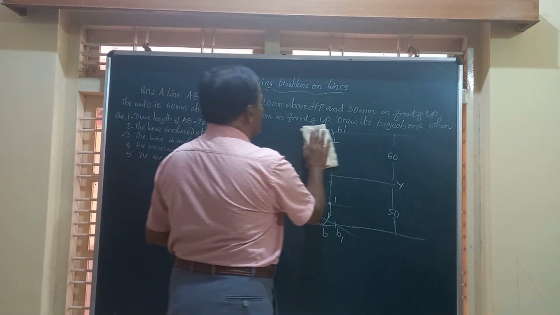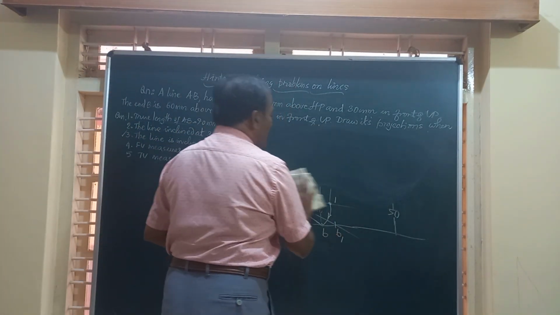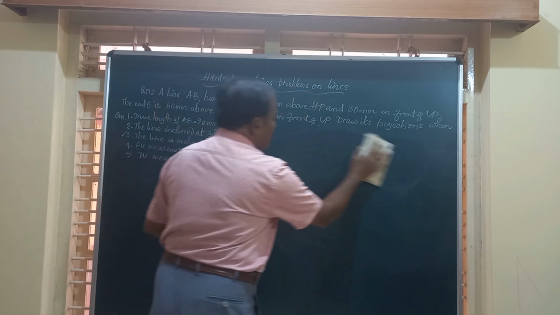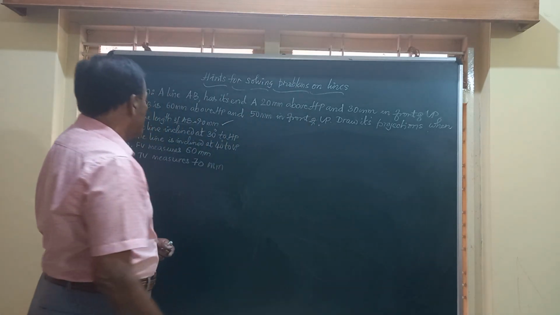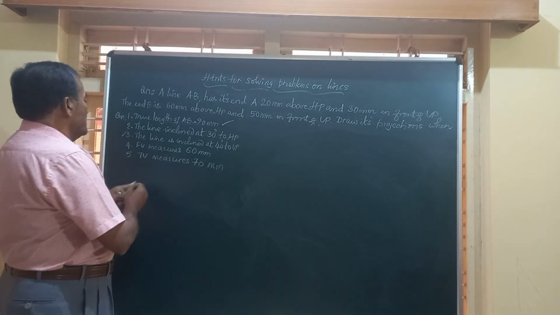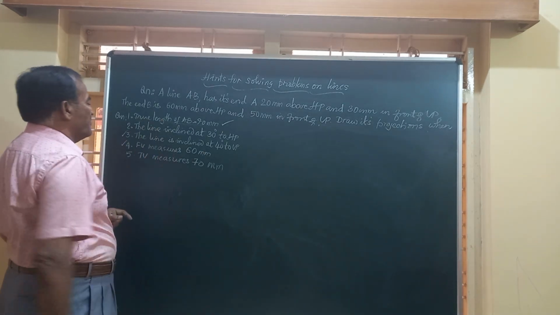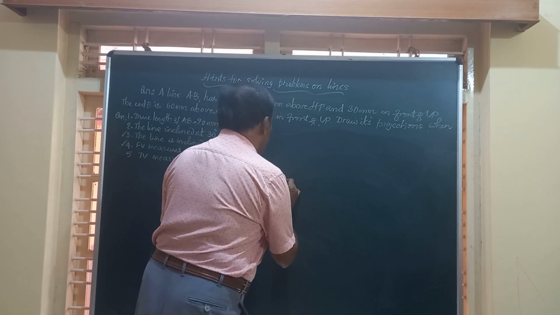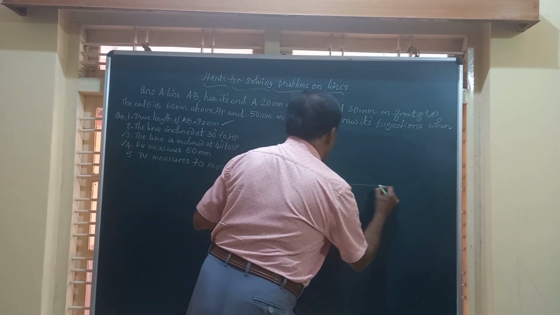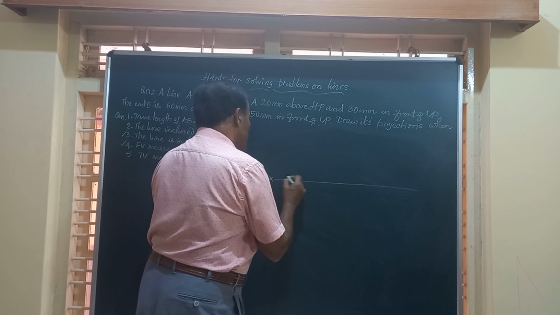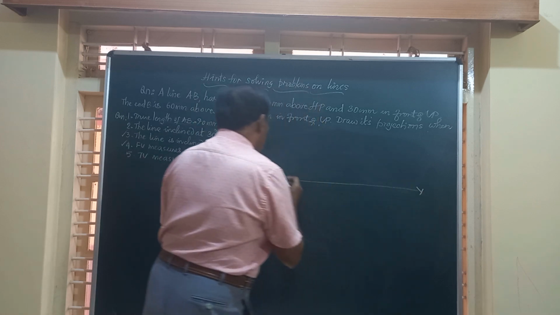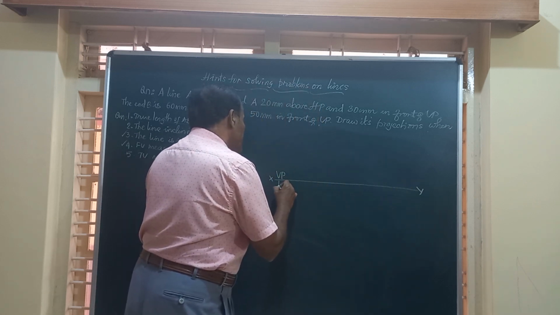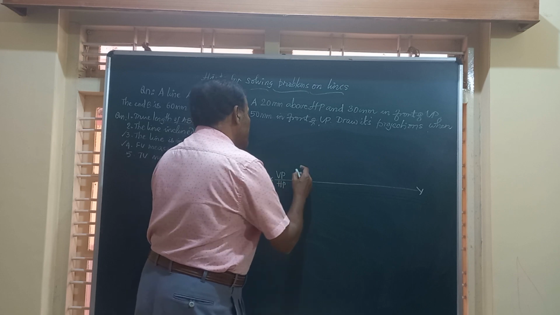And now, friends, let us move on to the fourth part of the question. That is, the front view measures 60 mm. How to get all the other information? Let's see. So you have the XY line, and this is VP by HP, indicating first angle projection.